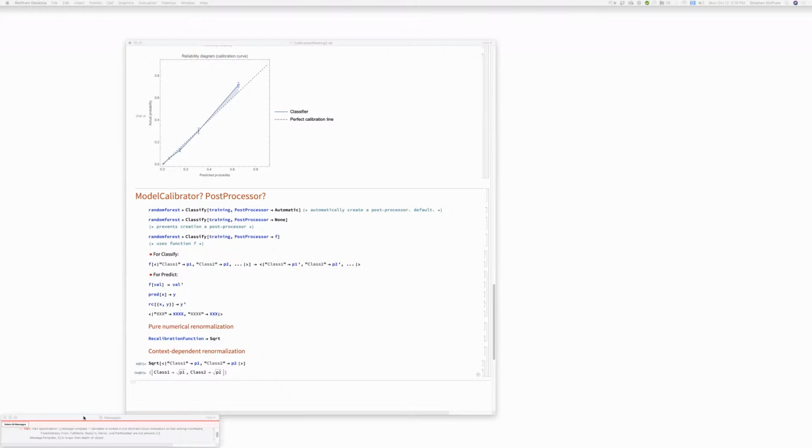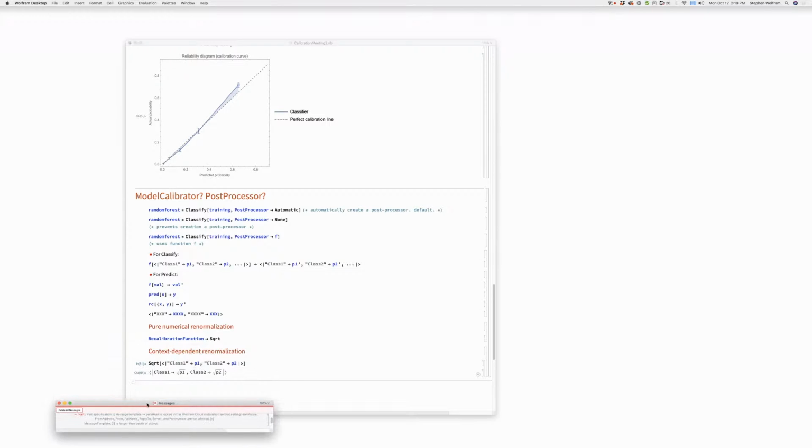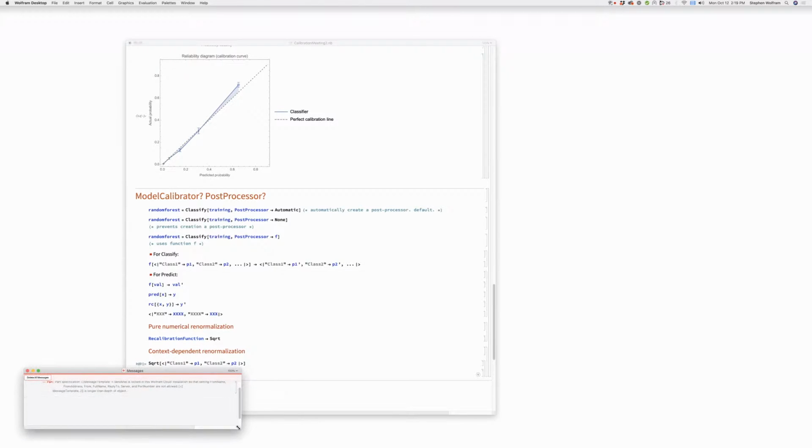Like if you scroll up, I was so surprised. Random forest, sorry. This is some kind of crazy error. Can you screen cap that, please? Yep, I just got it.